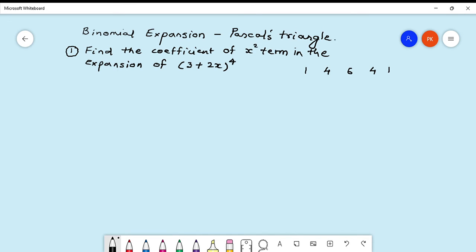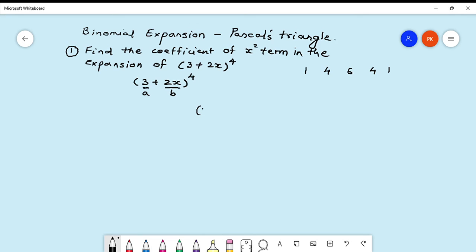Now, the expansion is of (3 + 2x)^4. That means here 3 is your a and 2x is your b. And you want the x square term in this expansion.